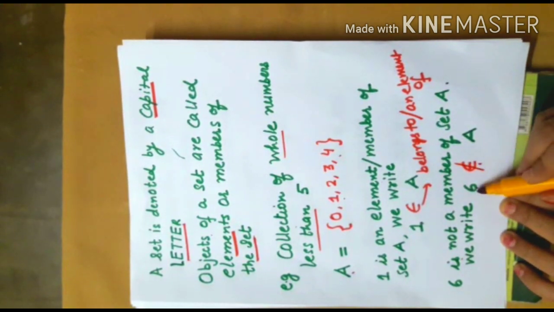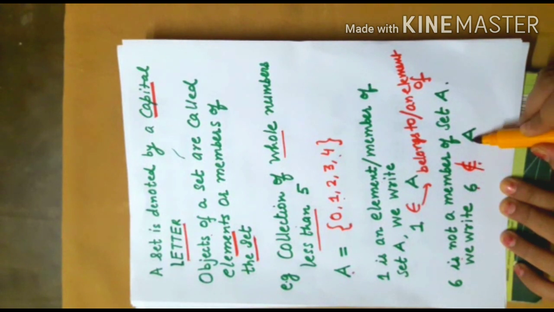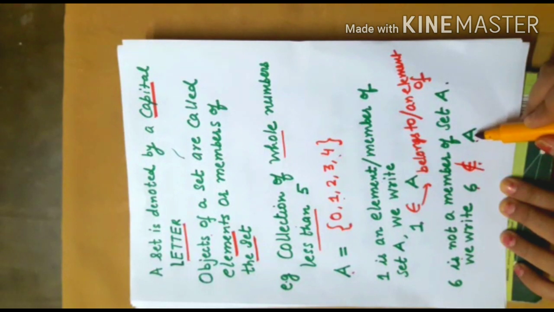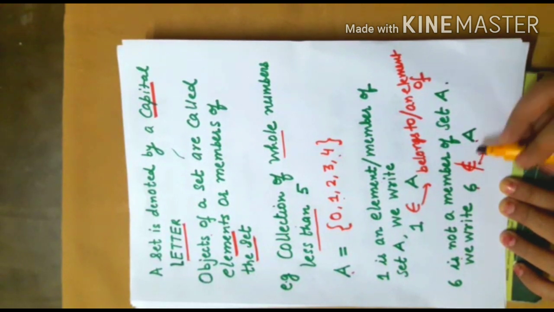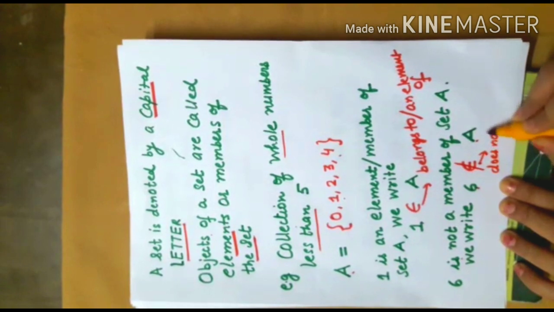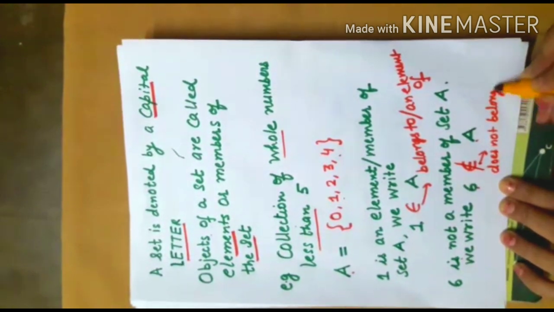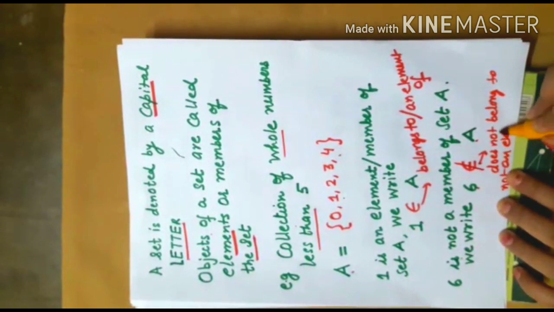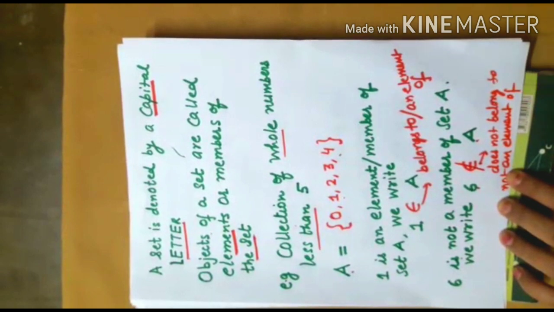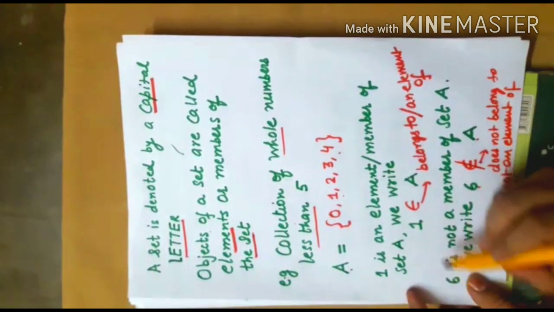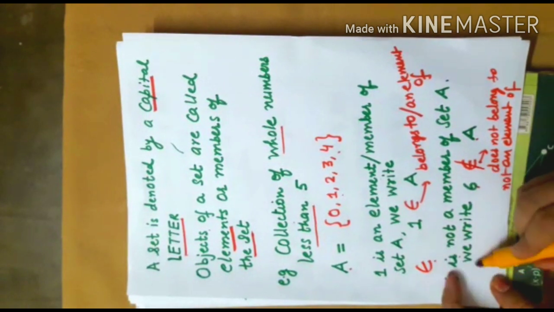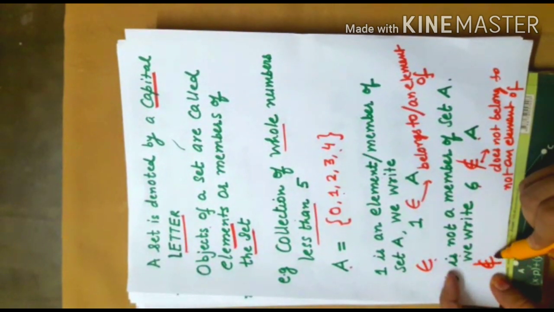I'll read this as 6 is not an element of the set A, or I'll say 6 does not belong to the set A. So this symbol stands for does not belong to, or not an element of. So remember this. This symbol stands for an element of, and this symbol stands for is not an element of.